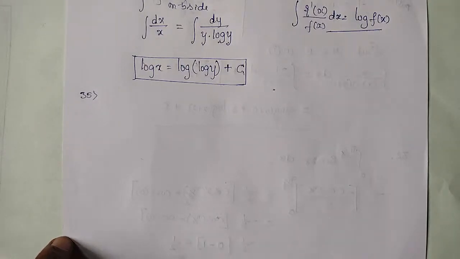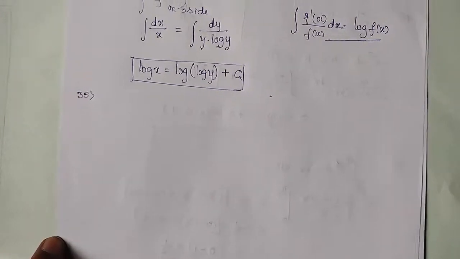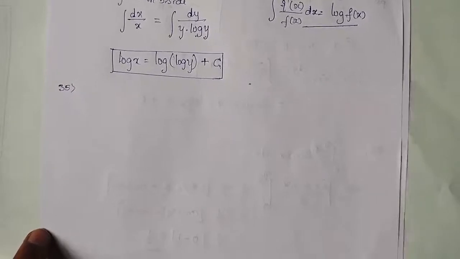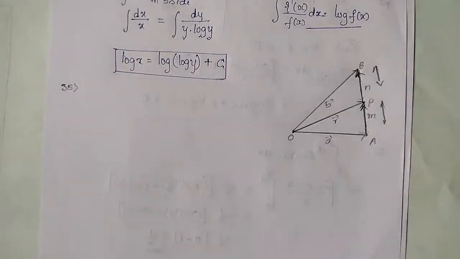This problem is the section formula, internally in the ratio m is to n. Before proving the section formula, first we have to draw a diagram related to this derivation.